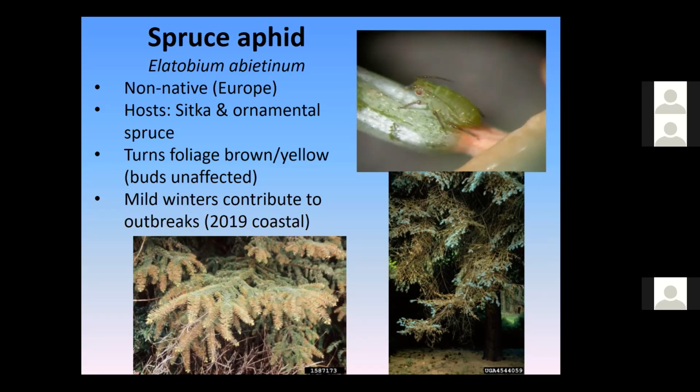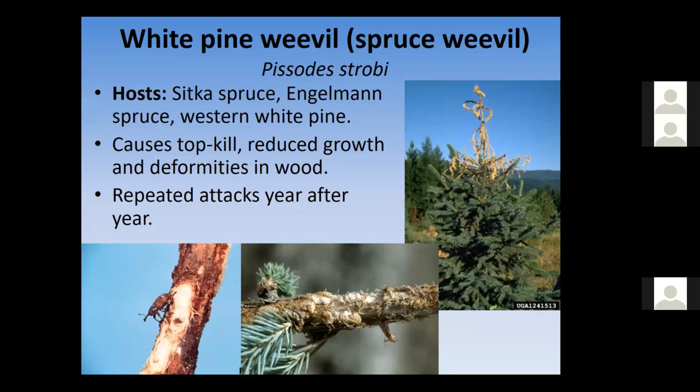The good thing with this is that since the buds and the new foliage aren't damaged, the trees will tend to recover. And so if you go through these areas that were affected in 2019, it's really hard to tell that it was ever there, except they're missing some of the older foliage. So some stress, some growth loss, but you add drought to that, you get big problems.